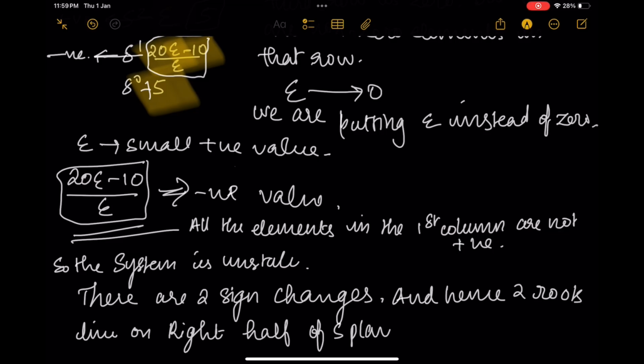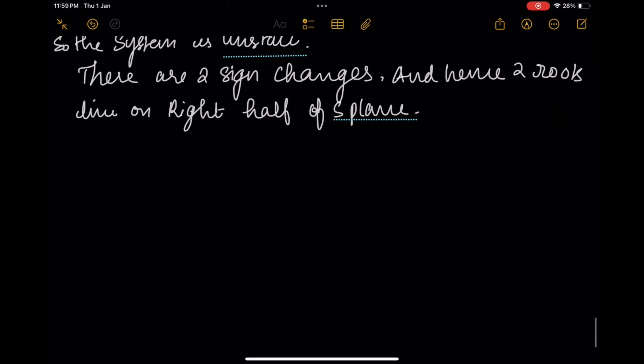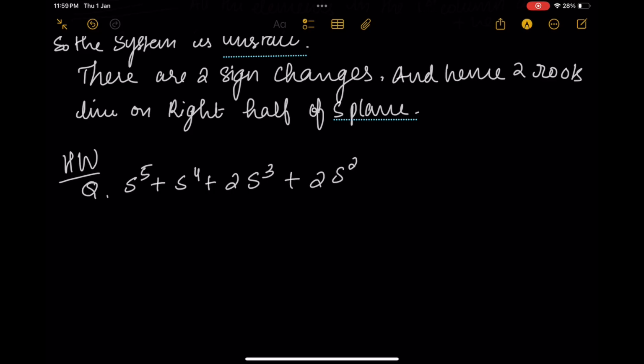Okay, now we have done the first question for our day. I'm going to give you a homework question which is very similar to the one we have done. It will give you some practice. The homework question is s raised to 5 plus s raised to 4 plus 2s cube plus 2s square plus 3s plus 5 equal to 0.